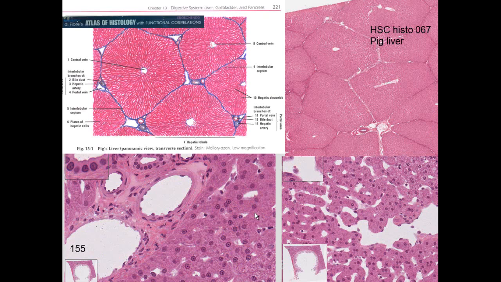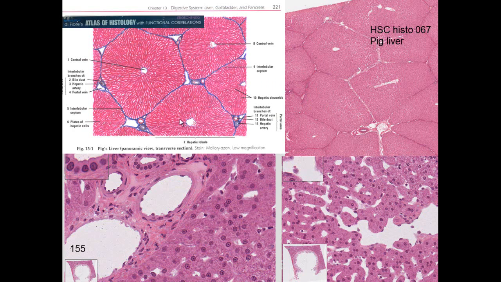pancreas. So if we were going to look at the liver, a good liver to look at would be a pig's liver, because they have connective tissue that separates the classical lobule, which has a central vein in the middle, and it has several of these portal triads or portal areas, you would say, that are composed of the portal vein. So you have some blood from the intestines.